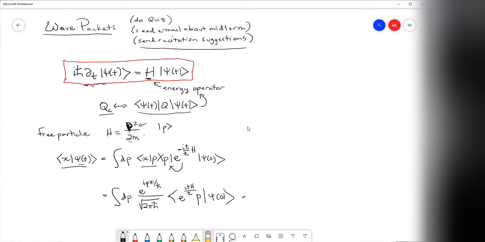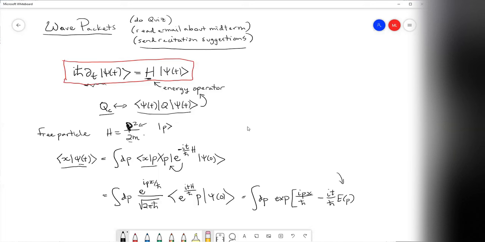Because H just depends on P. So you just pop out the eigenvalue here. And so you have, let me write out the exponential, exp of i p x over h bar, and then minus i t over h bar times the energy now evaluated at that momentum p.